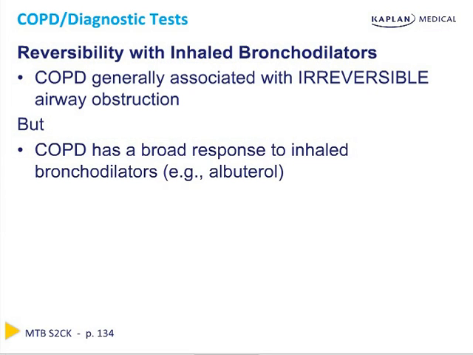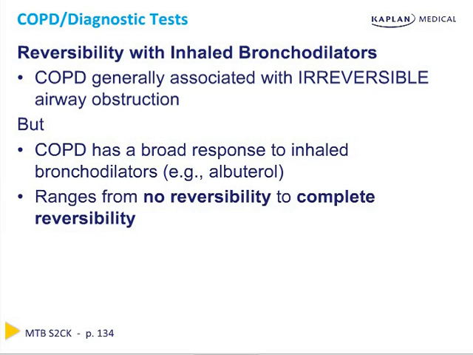However, just like asthma can go both ways, so can COPD. Some patients with COPD will have a broad response to inhaled bronchodilators, for example albuterol. This can range from no reversibility whatsoever, which is the classic teaching for COPD, to complete reversibility. And those patients with COPD actually do have some very large degree of reversible airway obstruction.